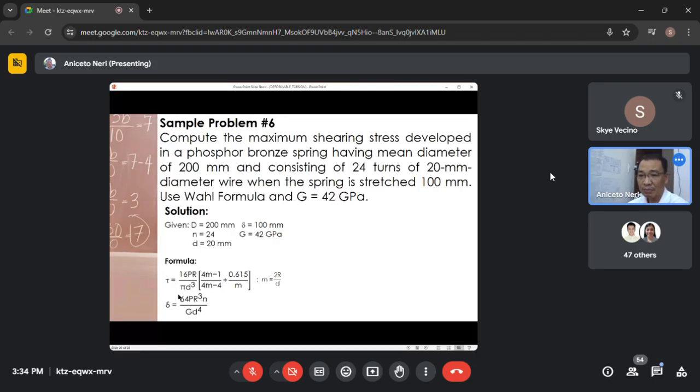Sa formula sa elongation because delta is given. Delta given, R given, and G and d given. So from this formula, you solve for P, and then after that, you substitute sa formula sa stress. Sige. Solve for P.